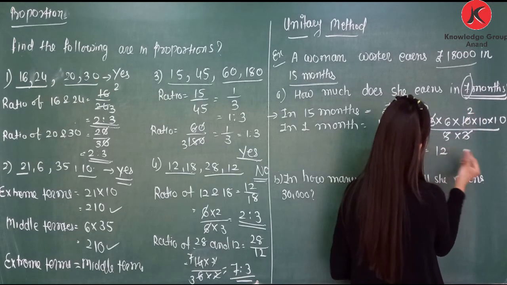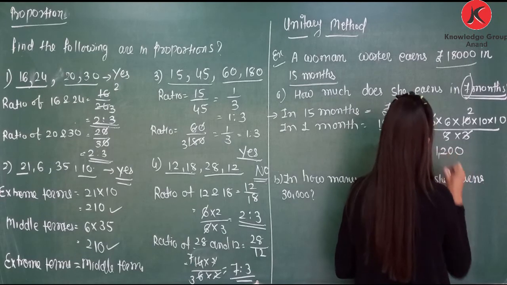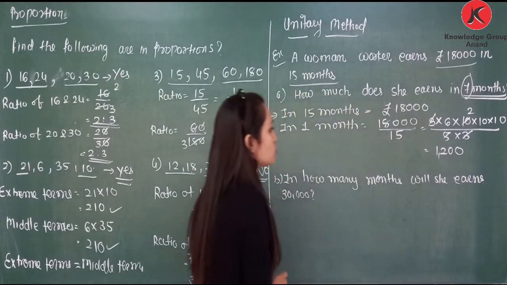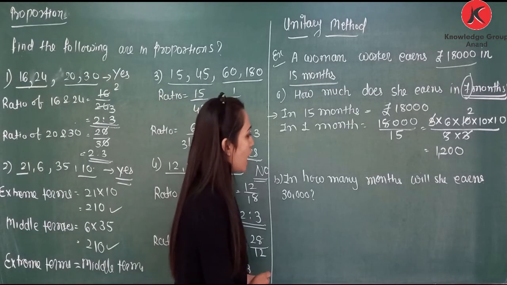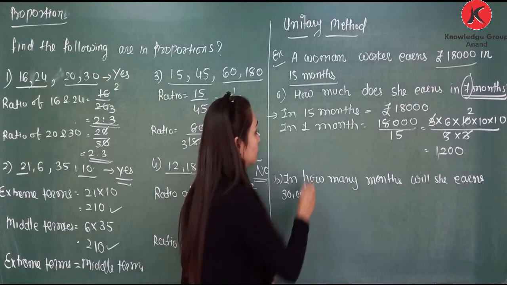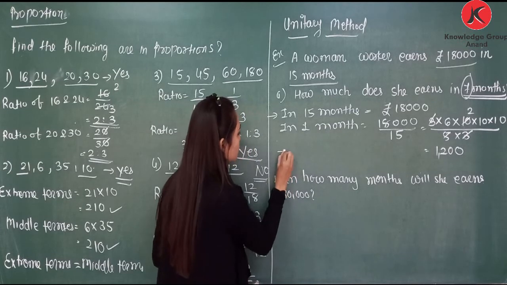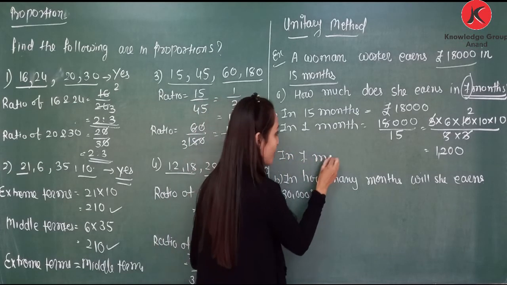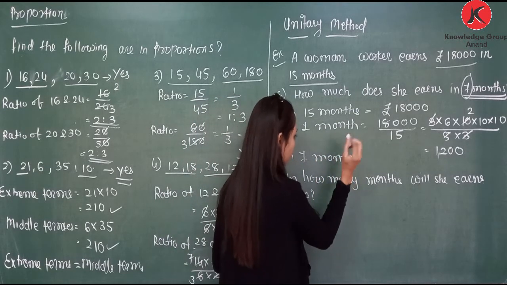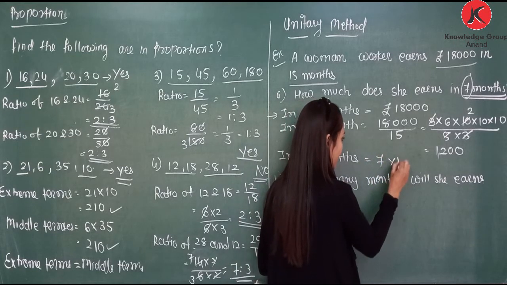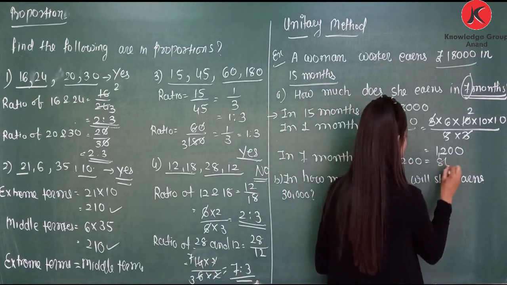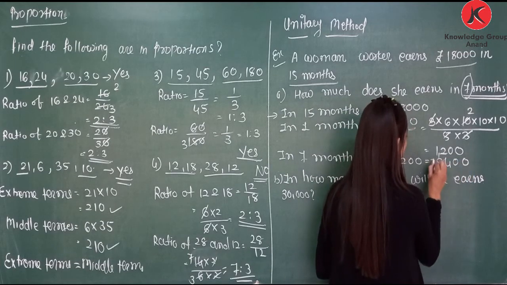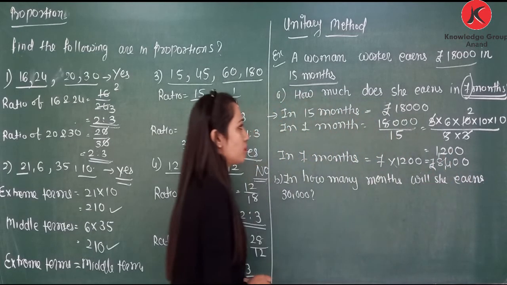So it is 1,200 rupees in 1 month. Here we need to find for 7 months. So in 7 months, this is the value for 1 month, 7 multiplied by 1,200, 8,400. That is the income for 7 months.